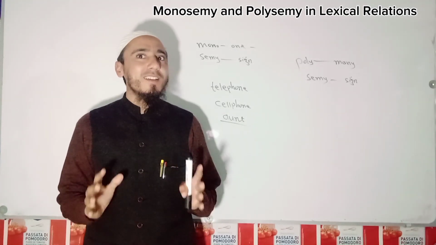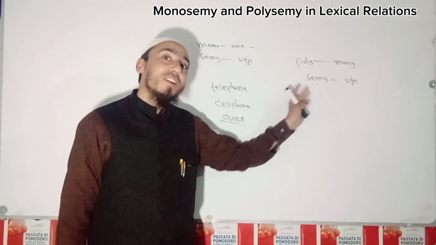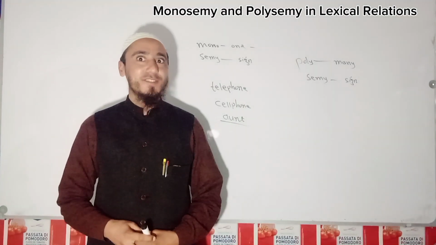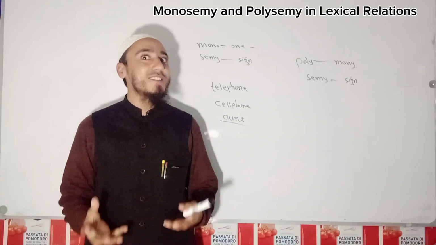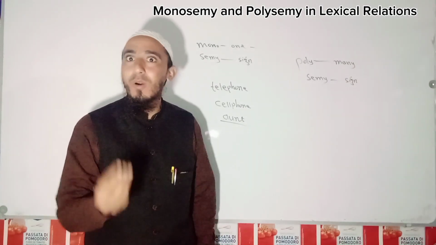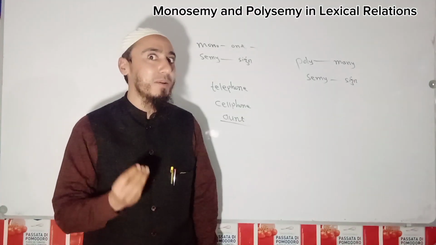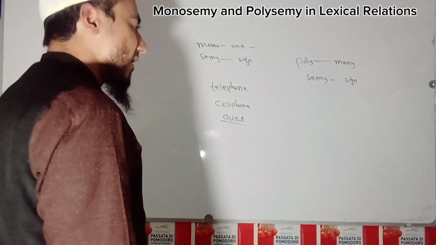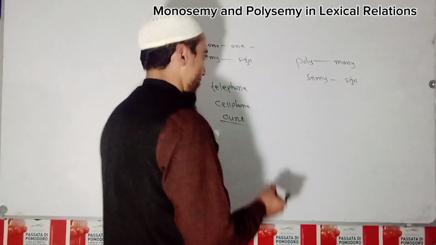Now, I think this will not be clear to you until I provide some practical examples along with sentences, so that you know how a single word has multiple meanings. For example, let me provide some examples about polysemy.